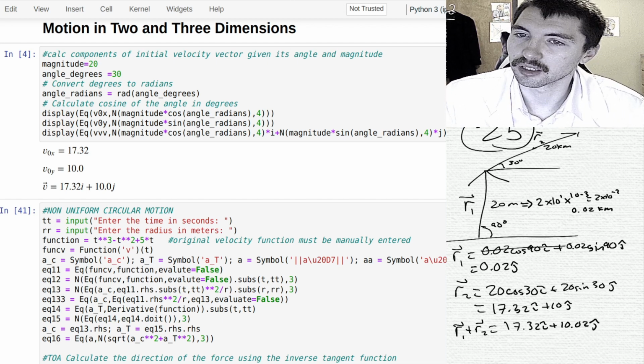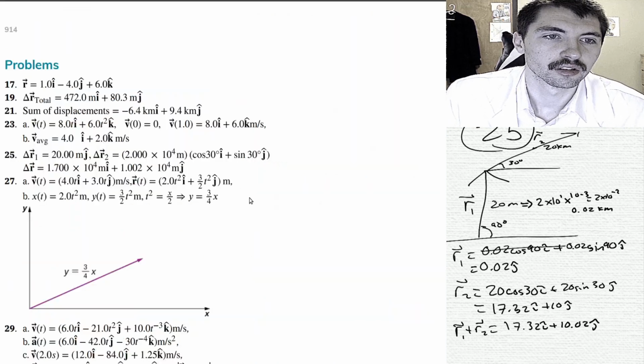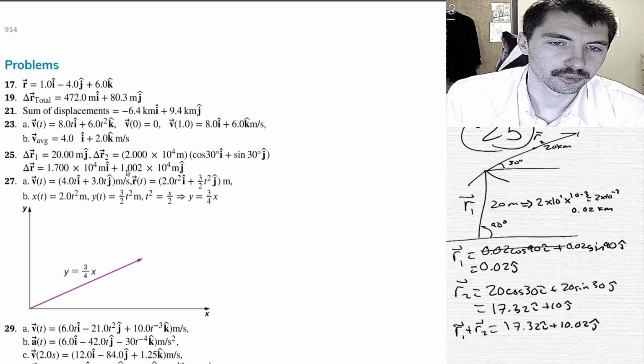Let's see what the book got. Okay, so they converted it to meters. Should get the equivalent answer anyways.